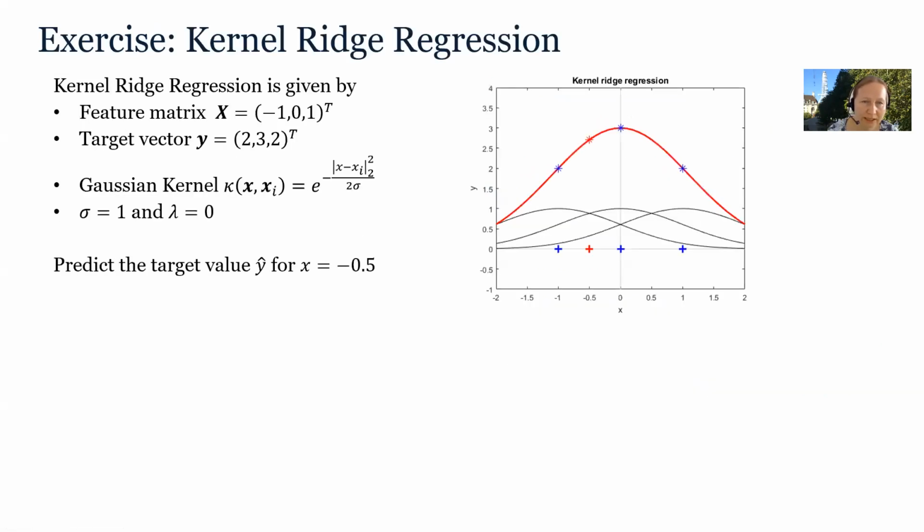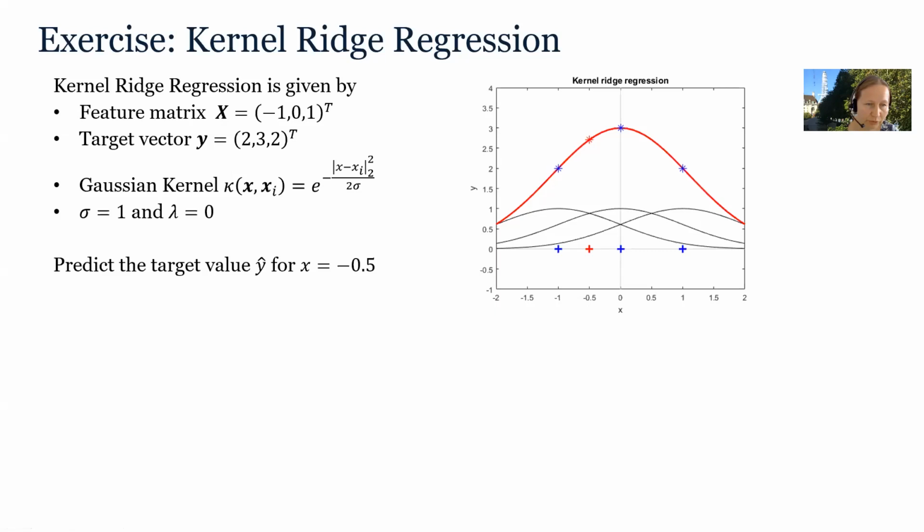One last thing that I will ask you to do during this lecture is an exercise, and this is a written exercise. It's very important. It's preparation for the exam. We have our 3 training samples that we have already seen. The training feature vectors are just single features, -1, 0, and 1, with the associated target vector 2, 3, 2.